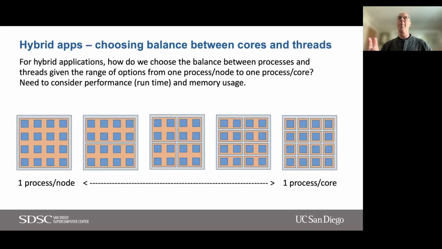So for these hybrid apps, we can run anywhere from 1 process per node to 1 process per core. And this is a little bit of an art. For your applications, you may need to do some benchmarking to figure out what the right balance is between threads and processes.